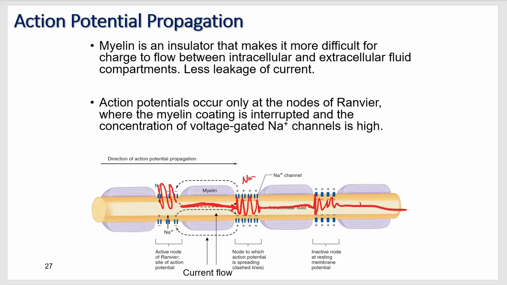Okay? So you have that current flow under the myelin that's happening very quickly. The more myelin you have, the longer those tracks of myelin are, the more current flow you have, the faster the potential.